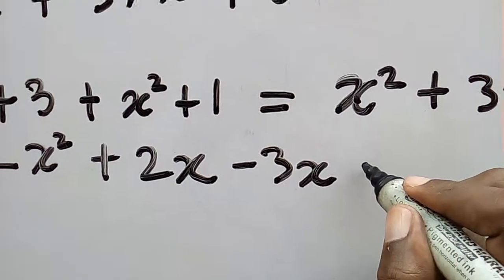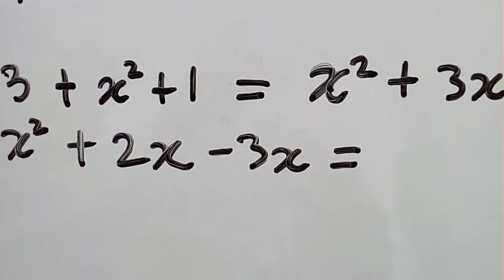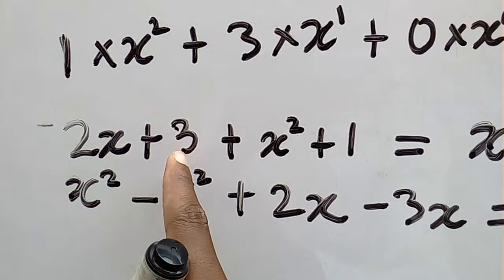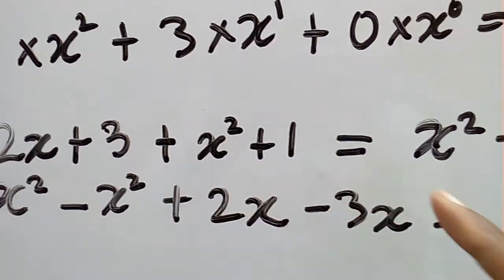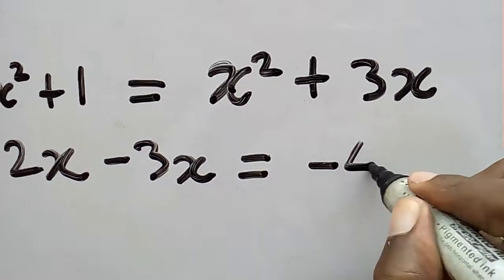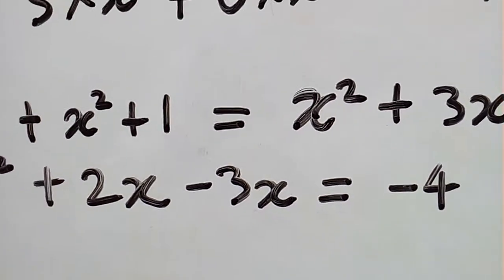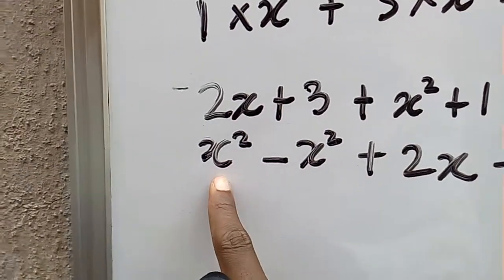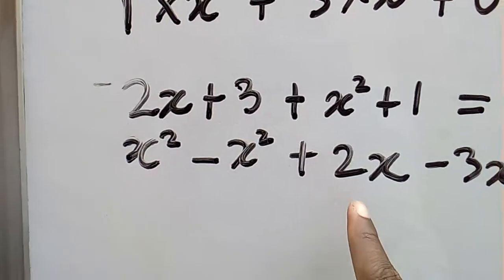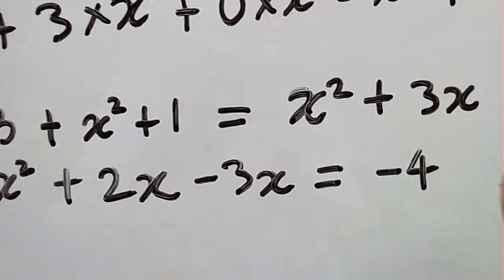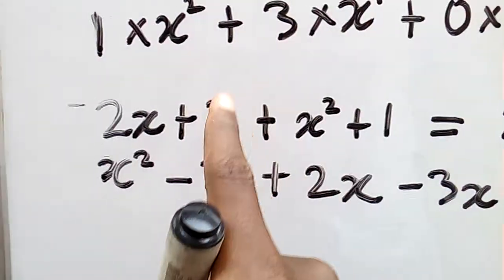Okay, alright, now you know what we're gonna do. Let's move the whole numbers to the other side. So that's 3 plus 1 would give me 4. So by the time 4 comes over to this other side, it's going to be a minus 4. Alright, now x squared minus x squared is 0. Okay, you know why it's a minus? Because it moved from the right hand side to the left hand side.